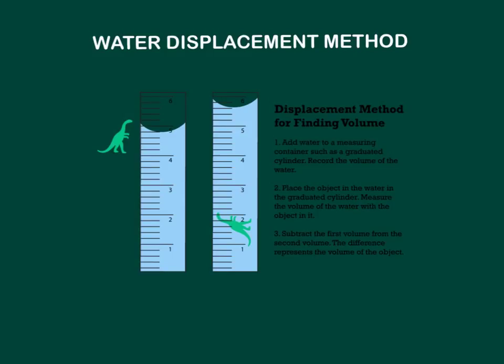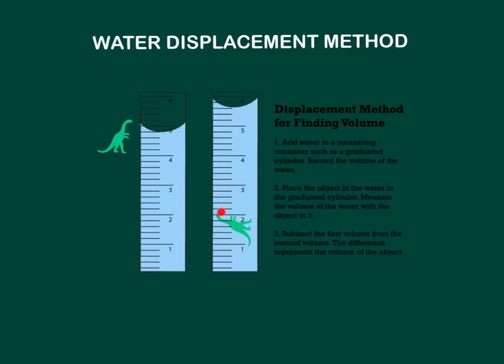The movement of water is known as displacement. So if I have an object, for example this dinosaur, and I want to measure its volume, I could take some water in the graduated cylinder. I would record how much water I have taken, so that would be my starting volume. I know that when I drop the dinosaur in the graduated cylinder, the water level will rise because this dinosaur is taking some space.